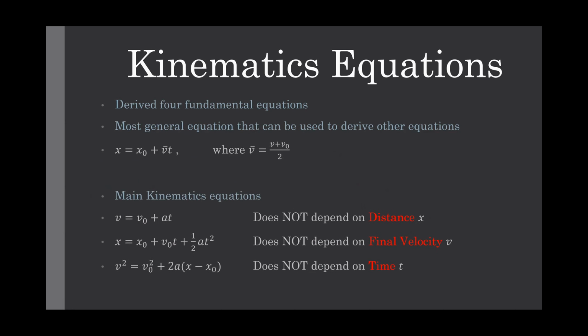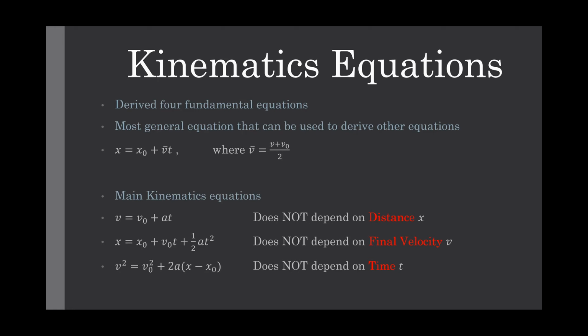The main kinematics equations that we tend to use in solving our problems are v equals v naught plus at. Now remember, this equation does not depend on the final distance or initial distance. So if your problem does not have a distance, one can use this equation.